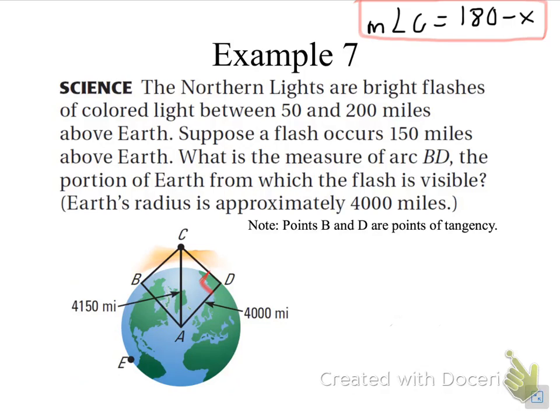And if we want, we know that these are congruent. So if I want half of C, I'm going to call that angle theta. So that is theta. That is theta as well.